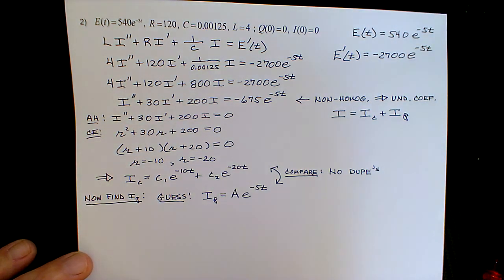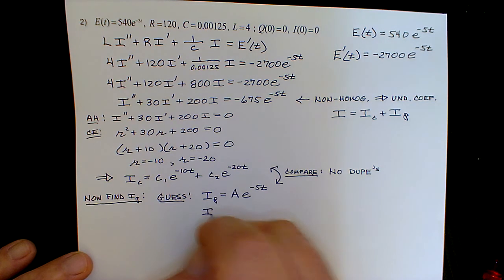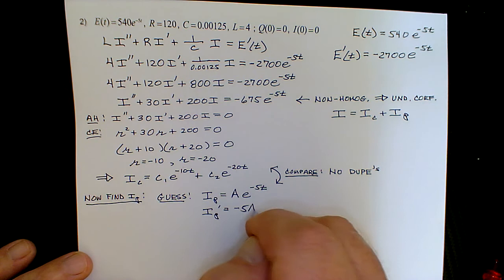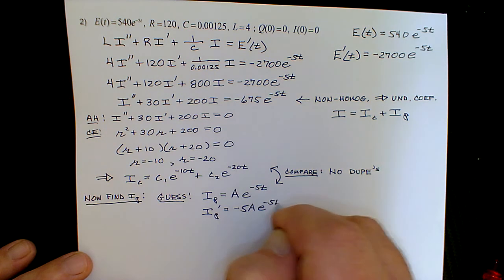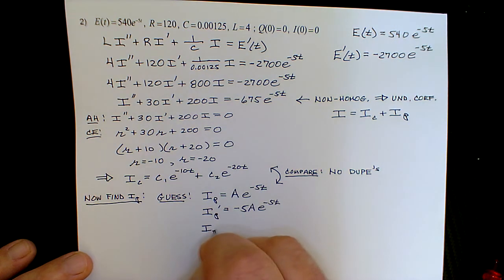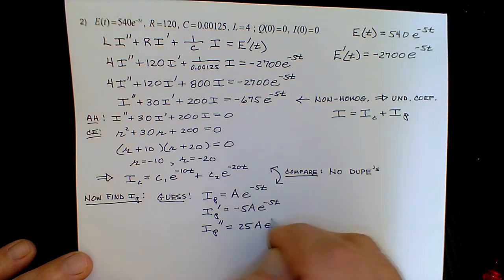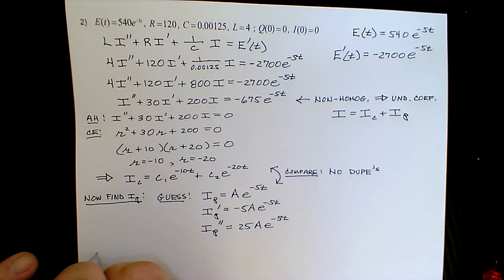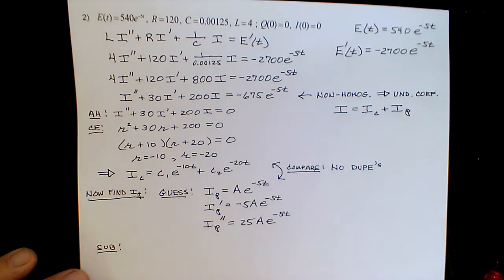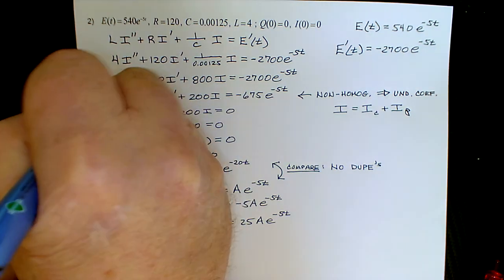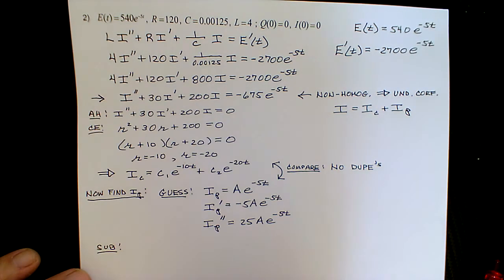So therefore, we'll find a couple derivatives. I sub p prime will be negative 5A e to the negative 5t. I sub p double prime is going to be 25A e to the negative 5t. We substitute into the original differential equation. So let's go back up here to the modified version.